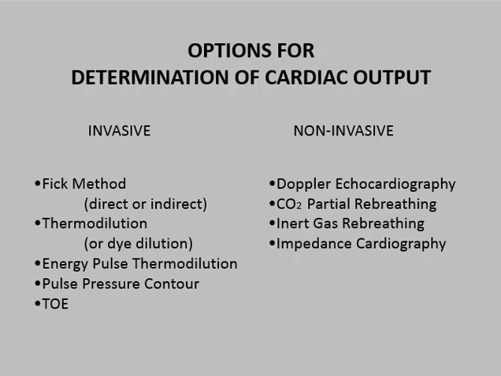Of the invasive, the Fick method has always been the most accurate and probably respected method. There are two methods, direct or indirect, and we'll look at those in another lecture. But in this lecture, we're focusing on thermal dilution, which used to be called dye dilution before technology advanced.